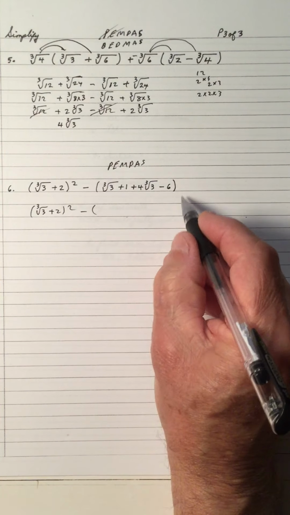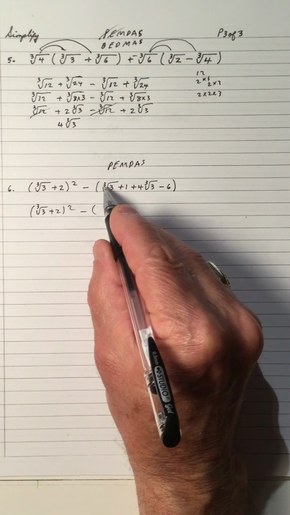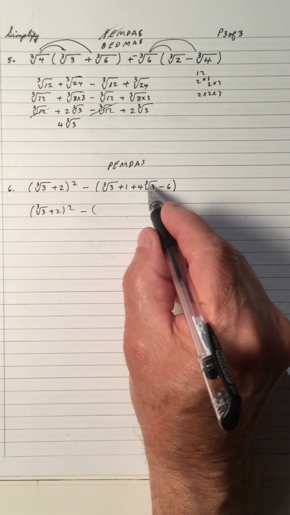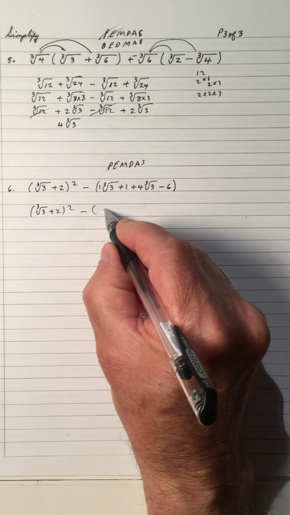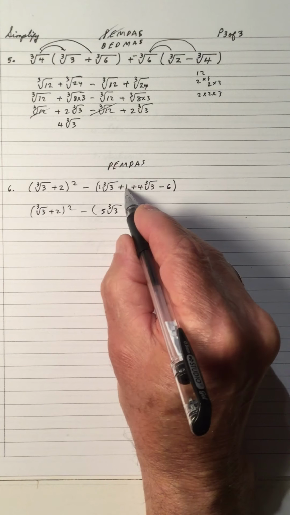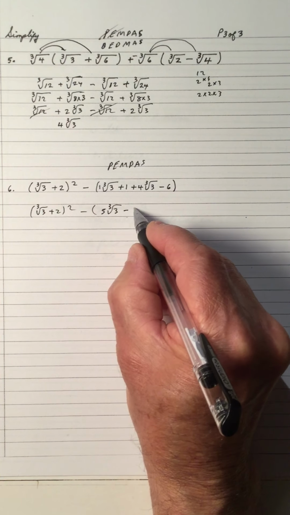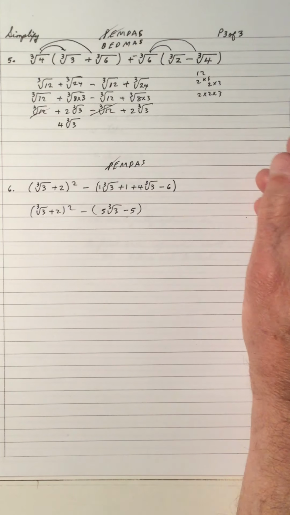That's the cube root of 3 add on 4 cube root 3, they're like radicals, so 1 plus 4 makes 5 cube root 3, and 1 minus 6 is negative 5. So we have the inside of the brackets done.